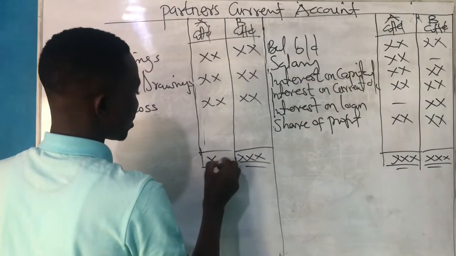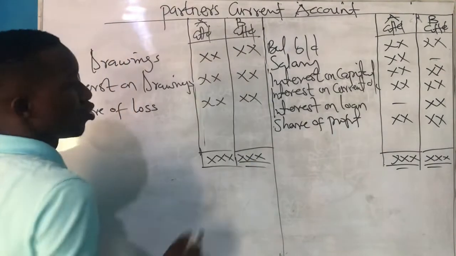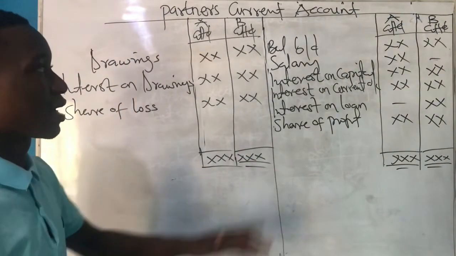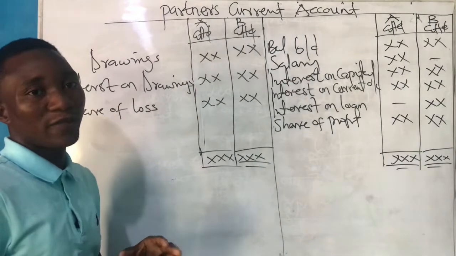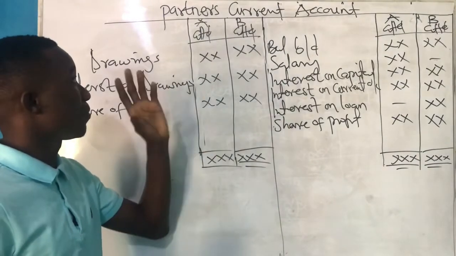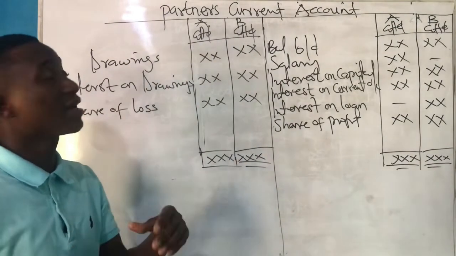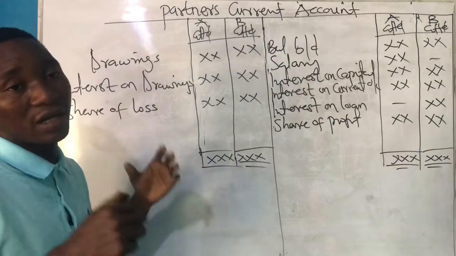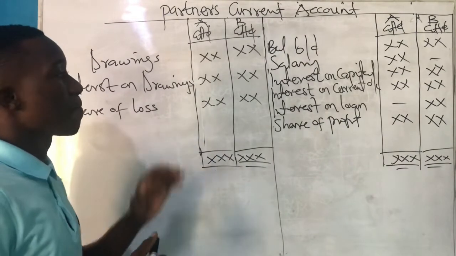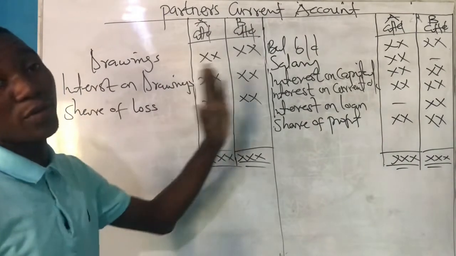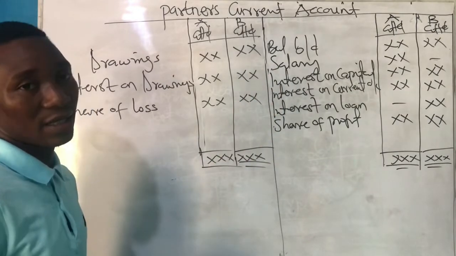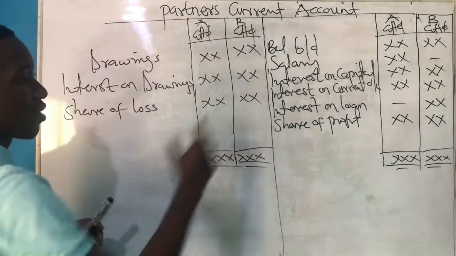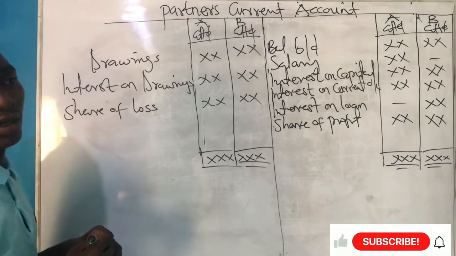Now I'm to do the balancing. So obviously, mostly the credit side of the partner's current account is always bigger than that of the debit side. But you can arrive at a situation where the debit side will be bigger than the credit side. Is that okay? So we assume that the credit side is bigger than the debit side.